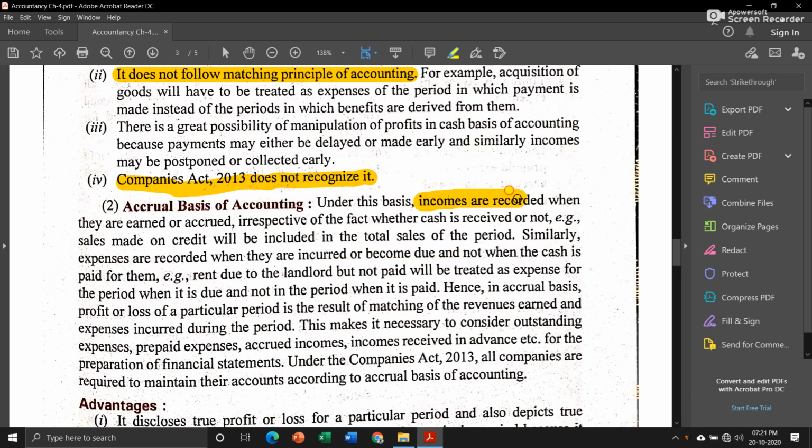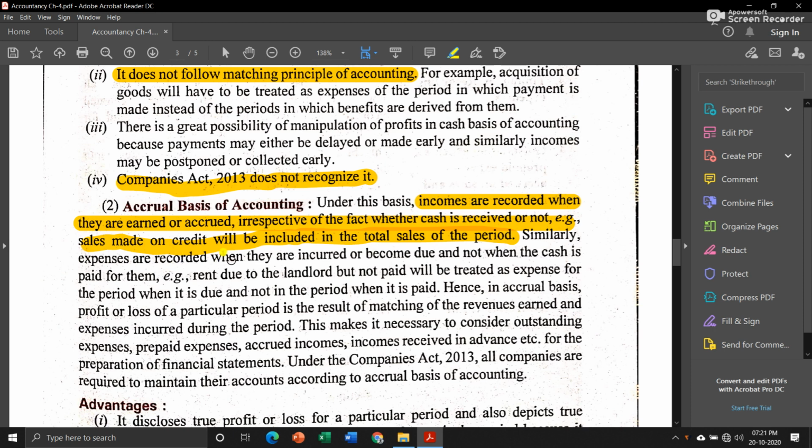Under this basis, incomes are recorded when they are earned or accrued, irrespective of whether cash is received or not. Example: sales made on credit will be included in the total sales of the period. Means you will not wait for the payment, because in this accounting system you have to record it in your books for the period in which it took place.